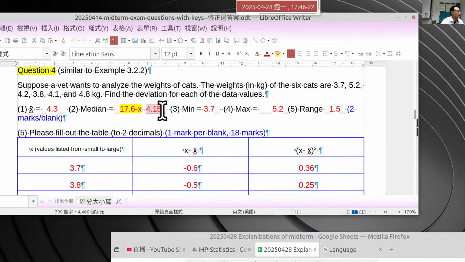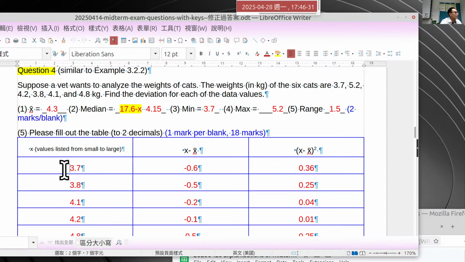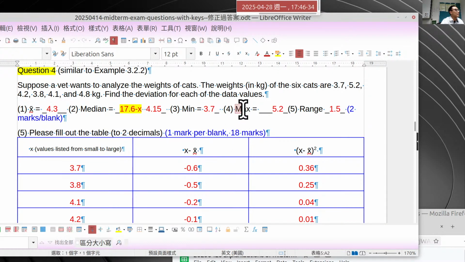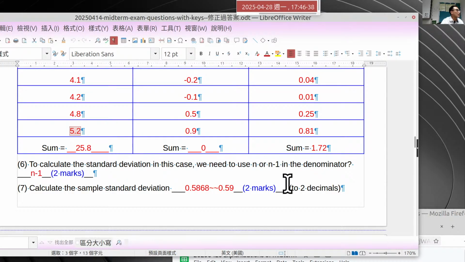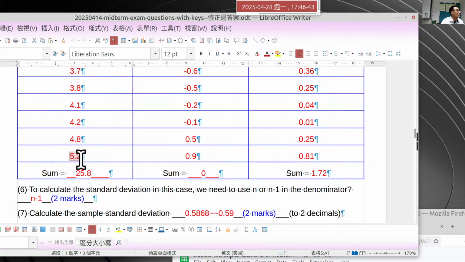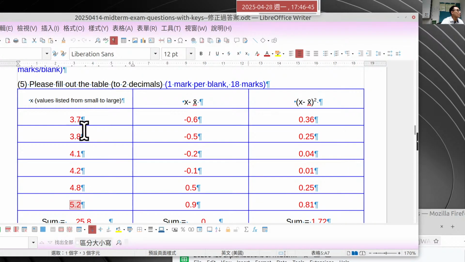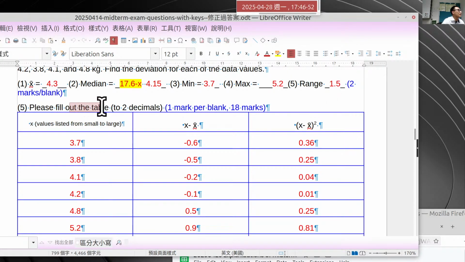Okay, and next, what is the minimum? The minimum is the smallest one after we sort. How about the maximum? The maximum is the largest one, 5.2. What's the range? The range is 5.2 minus 3.7, that is 1.5. And please fill in the table to 2 decimals.